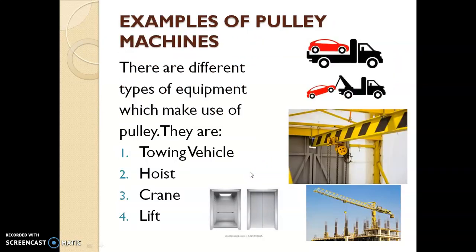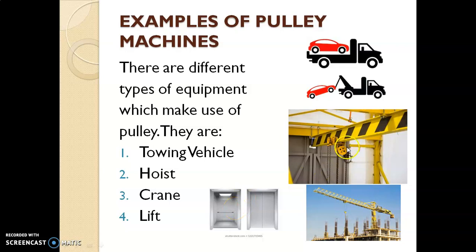Let's look at examples of pulley machines. There are different types of equipment which make use of pulley. They are towing van. The towing van makes use of pulley. We have the hoist. We have the crane. And we have the lift.